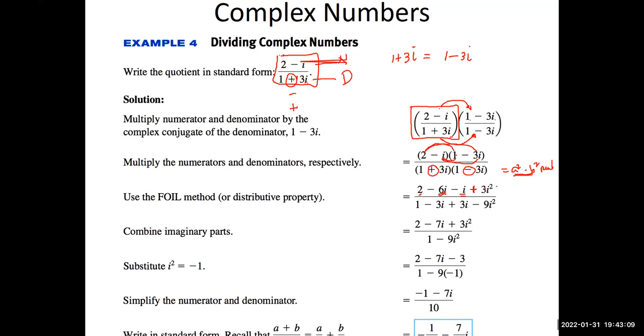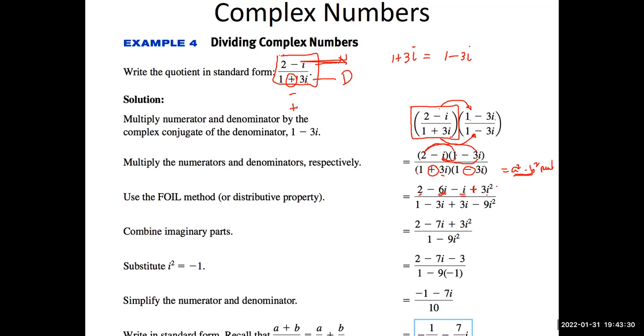Sorry, negative i multiplied by negative 3i is positive 3i squared.